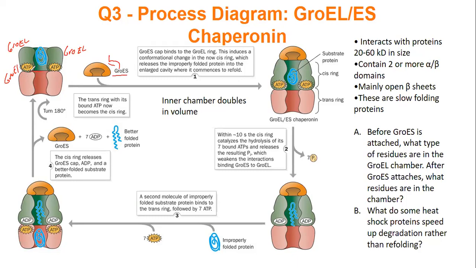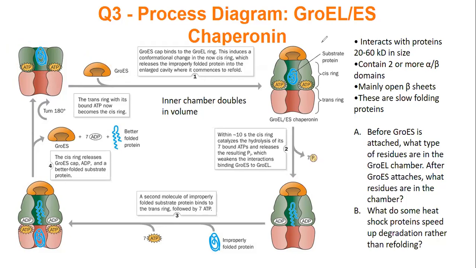Inside of GroEL, there's a chamber. However, you cannot go from one protein to another, right? If you go in green this way, you cannot go to red because there's a barrier here that's not really shown in the picture.